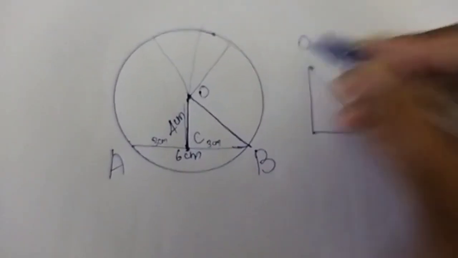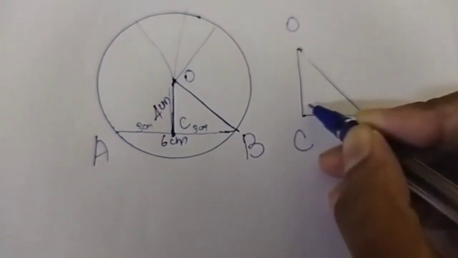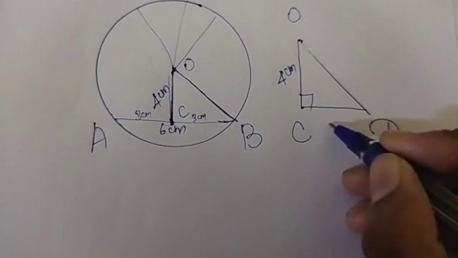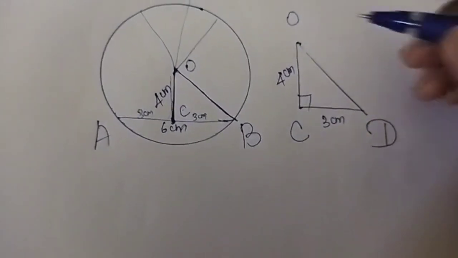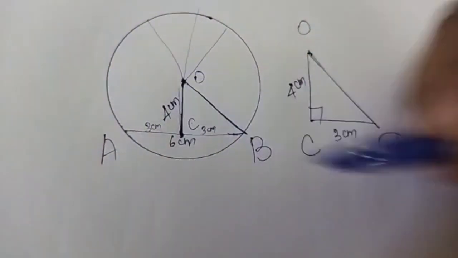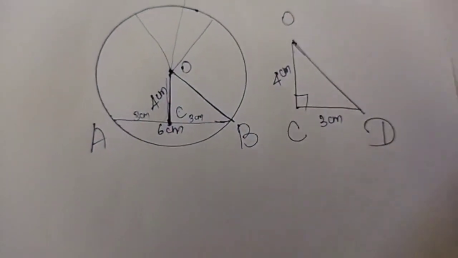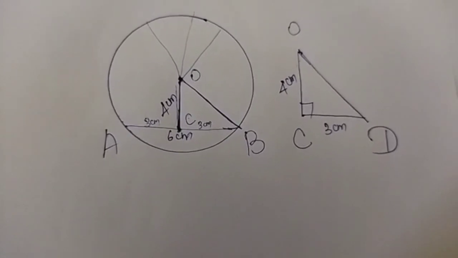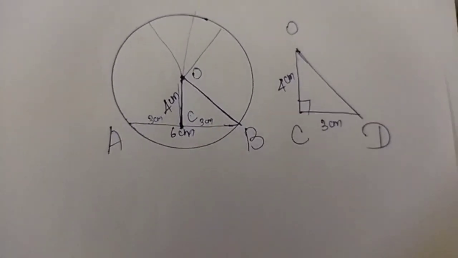So OCB is a right angle triangle where OC is equal to 4 centimeter and CD is equal to 3 centimeter. If I find OD, OD is nothing but the radius of the circle. This is the hypotenuse of a right angle triangle and also the radius of the circle. So we can find it using Pythagoras theorem.